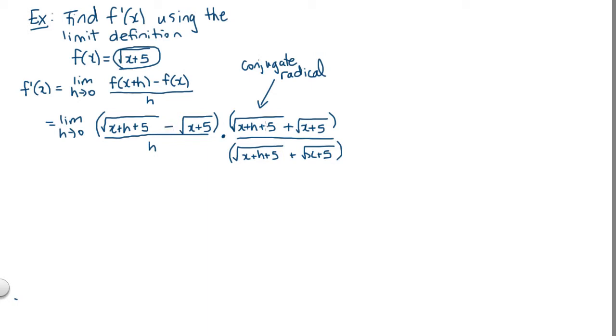So our negative sign here becomes a plus sign, and we just multiply numerator and denominator by that conjugate radical. So by multiplying here top and bottom by this quantity, we have not changed our original function. It just looks slightly different, but with a little bit of algebra, we'll see that this is the right thing to do to get our simplification going.